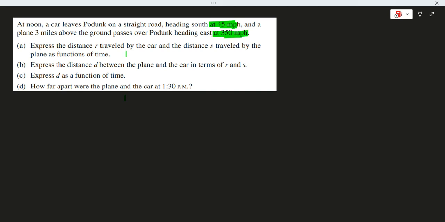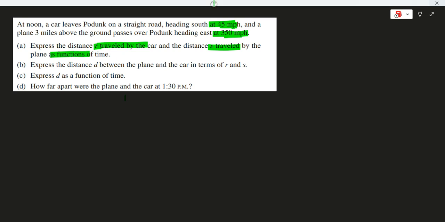We need to express the distance r traveled by the car and the distance s traveled by the plane as functions of time.